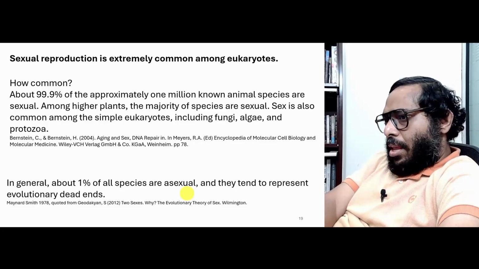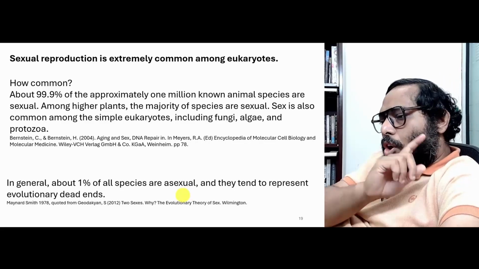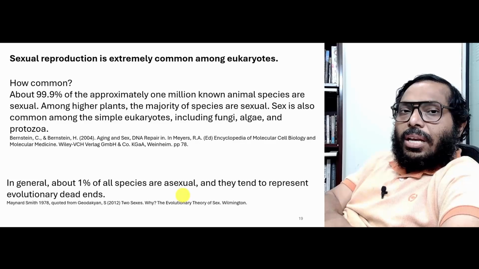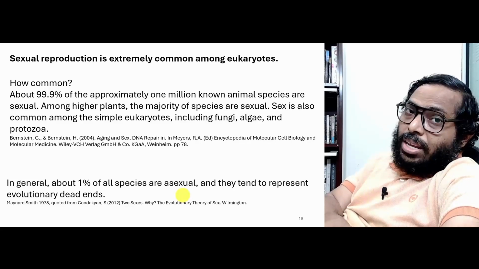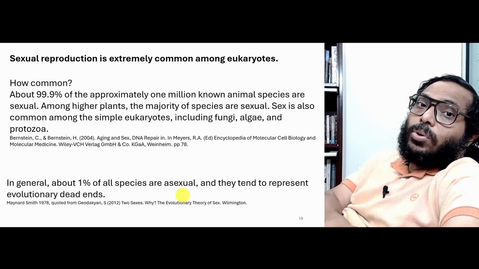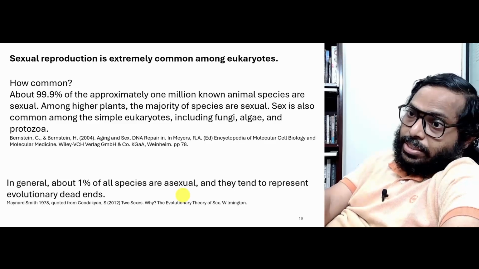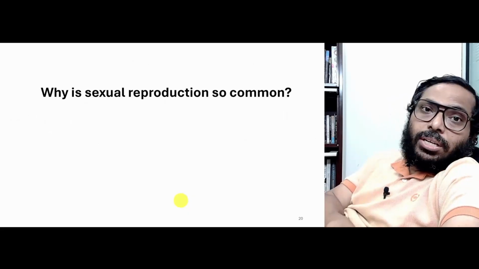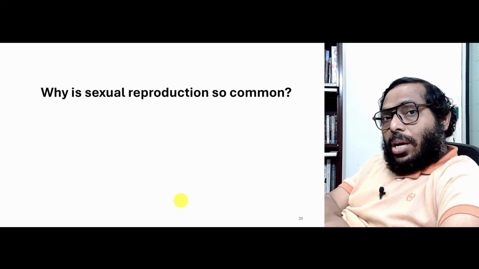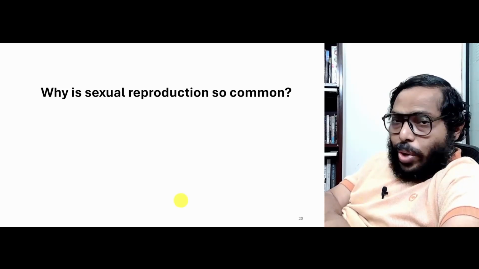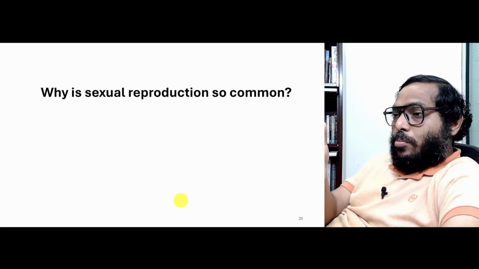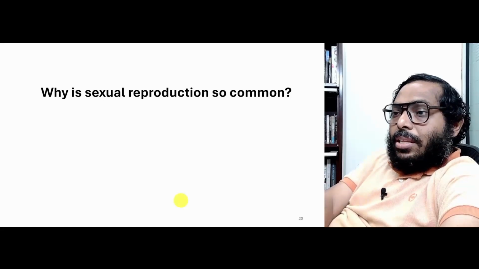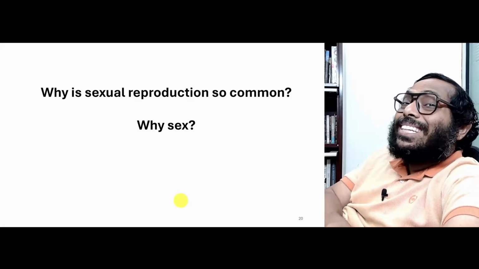All right. So, this observation is actually pretty puzzling given whatever we discussed about the various costs of sex. This leads to the famous question, why is sexual reproduction so common, which biologists make even simpler. They ask the question, why sex?